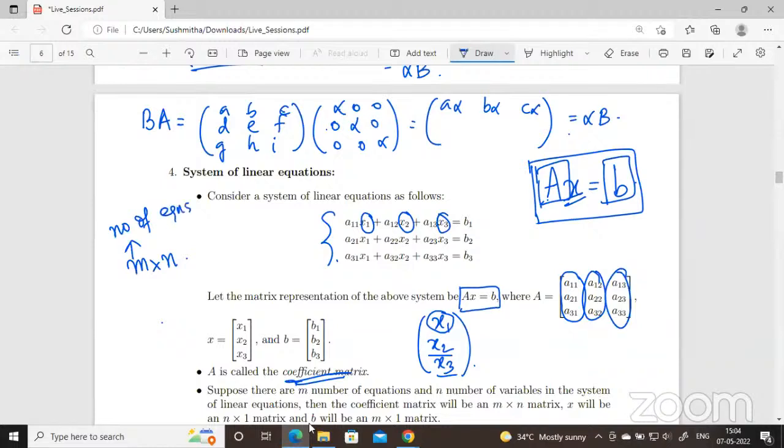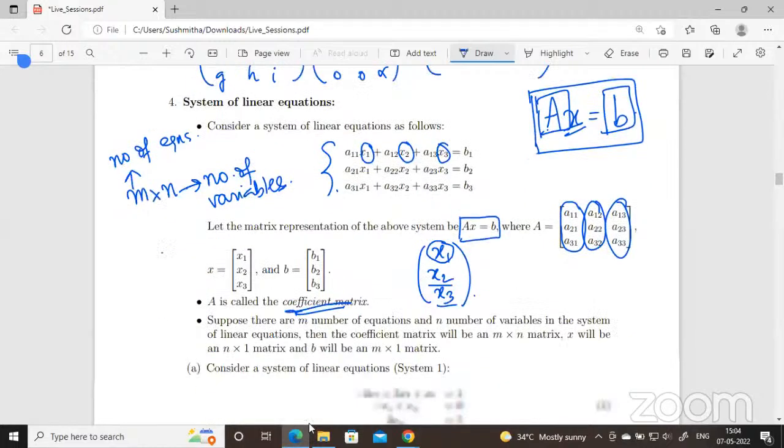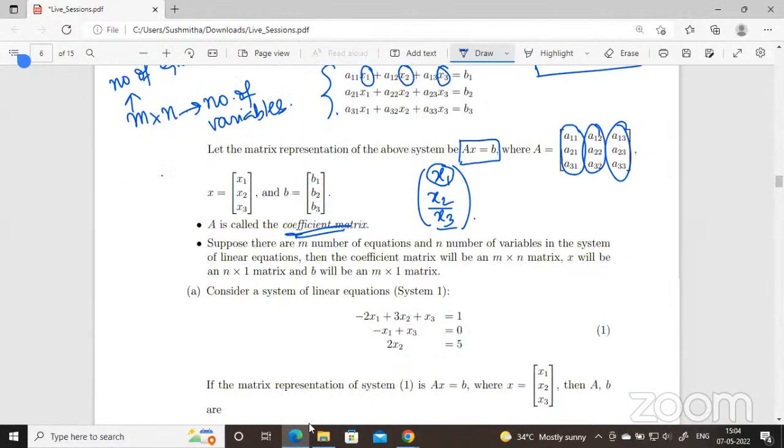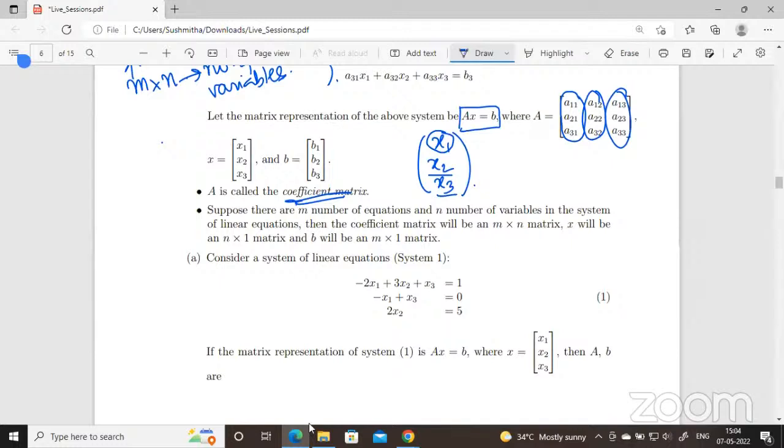So the number of equations is the number of rows of the matrix, and n is the number of variables. This is how you write the coefficient matrix, and there are multiple ways of solving it, of which you'll be studying a few in this course.